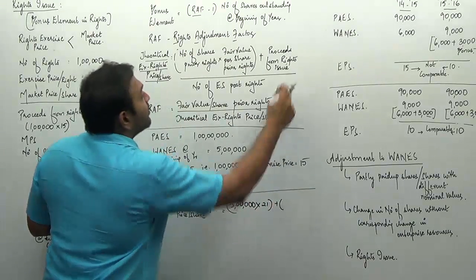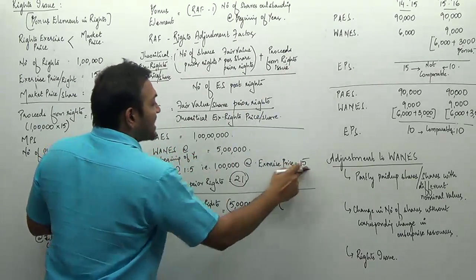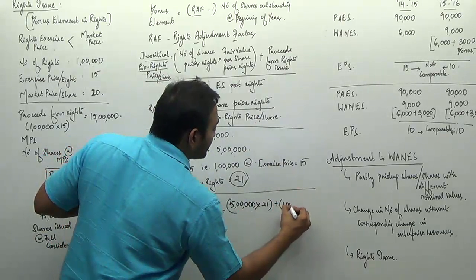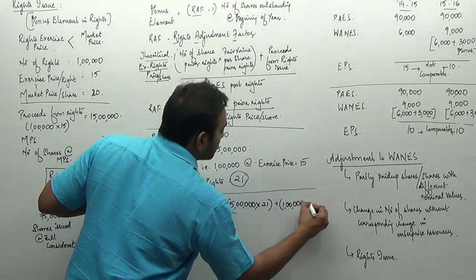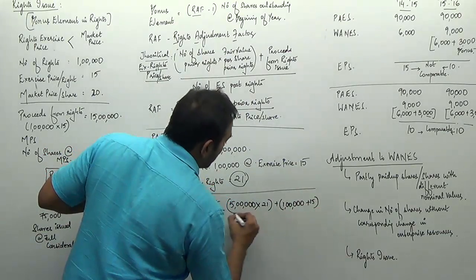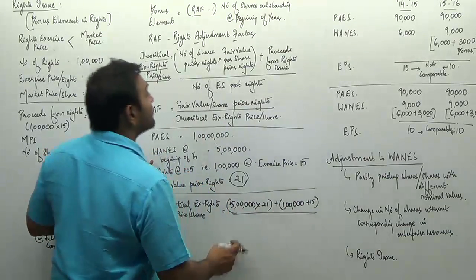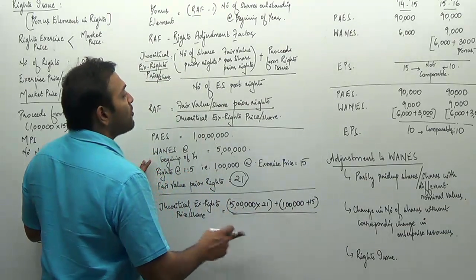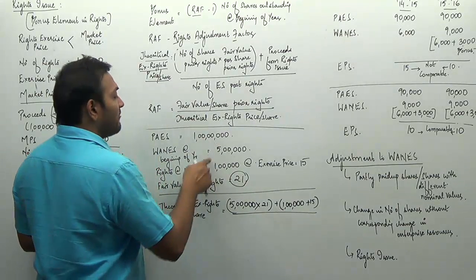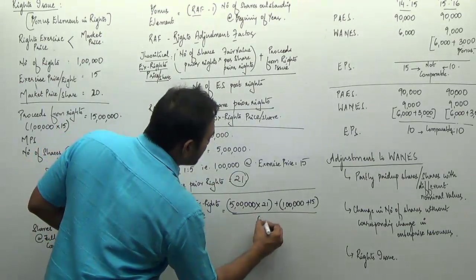Plus proceeds from rights, 1 lakh shares at 15 rupees, divided by number of shares post rights. Post rights issue, how many shares? 5 lakh plus 1 lakh, I'll have a total of 6 lakhs.